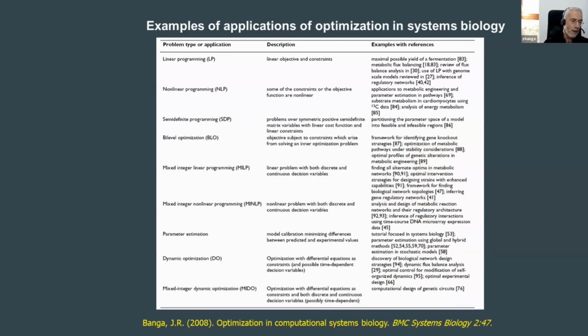So some time ago, we published a small review of the uses of mathematical optimization in systems biology. And you can see in this table that we go from very simple optimization problems, for example, when the objective function is linear and the constraints are linear, this is called linear programming, okay?